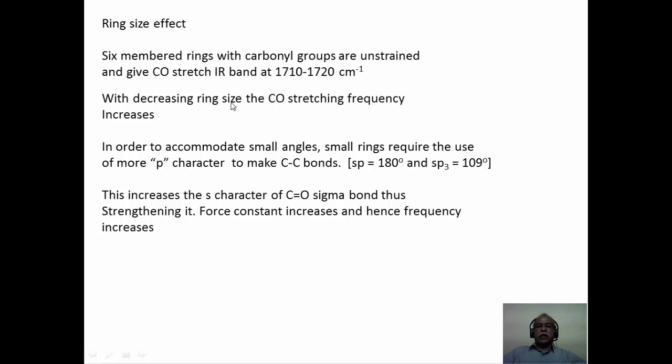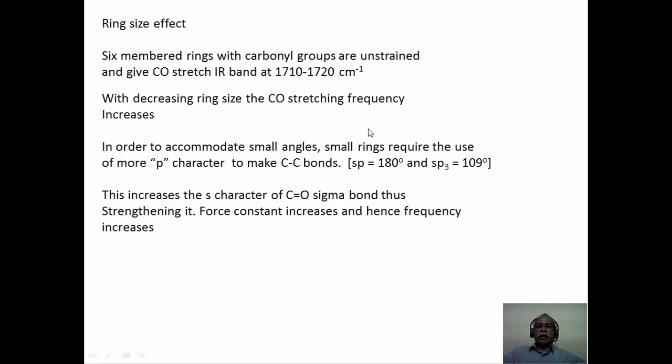In order to accommodate small angles in the small rings, that requires the use of more p character to make the carbon-carbon bonds. In other words, the ring carbon-carbon bonds will have to acquire a larger contribution from the p orbitals rather than from the s orbital, because as you go from the larger size ring to the smaller size ring, the bond angle keeps decreasing.